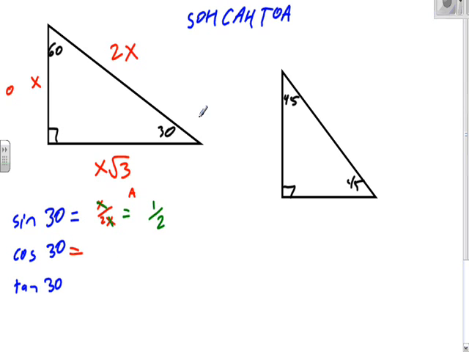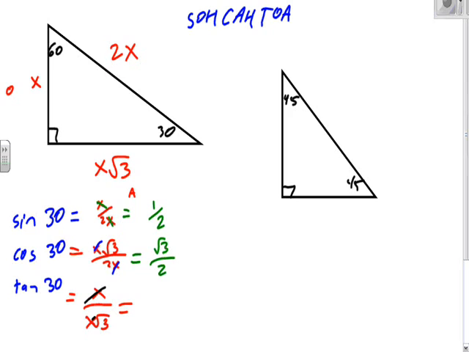Cosine is adjacent over hypotenuse, so it'd be x square root of 3 over 2x. Again, the x's will cancel out, and we would reduce that to be square root of 3 over 2. And last, we have tangent, which is opposite over adjacent, x over x square root of 3.